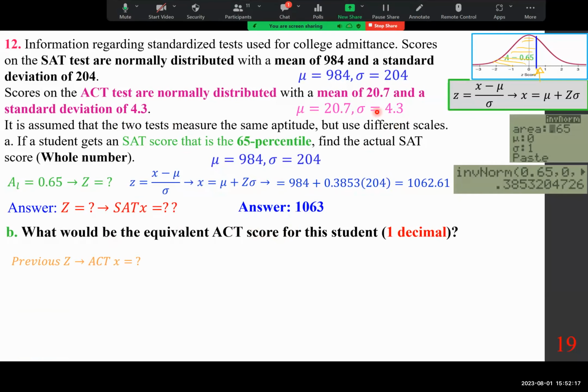So now we're going to use this with the same z we found in part A. So in this one, we are going to use ACT, mu, and sigma, and the z-score from part A. The z-score from part A is the same. And 22.36, we want to go with 1 decimal, so it becomes 22 point. We're going to change the 3 because of 6 to 2, 4. Be very careful when you do the rounding. You should know the round.